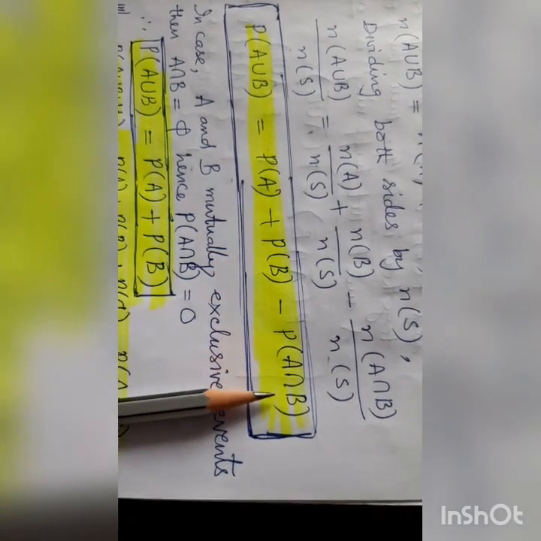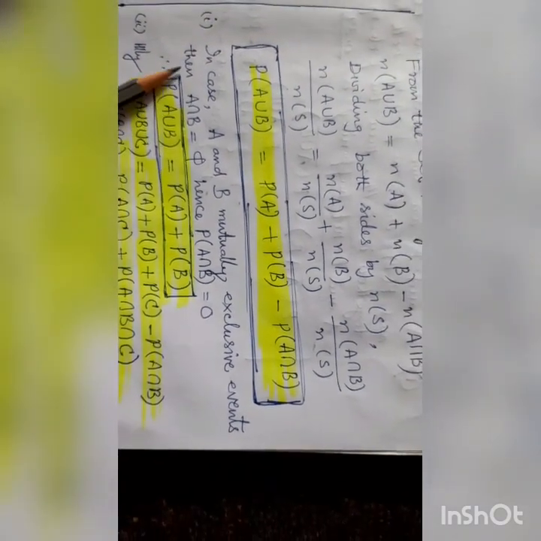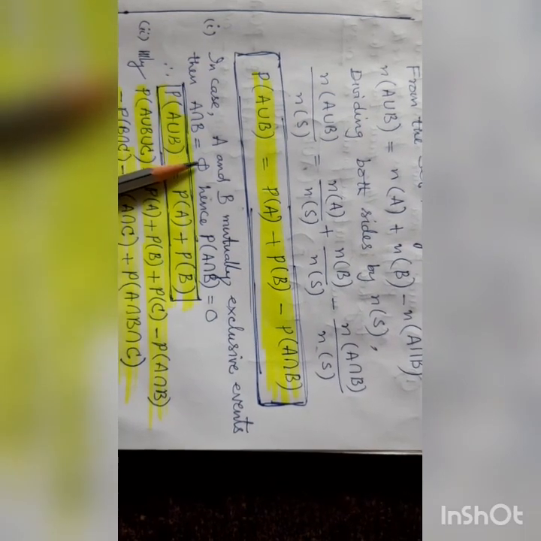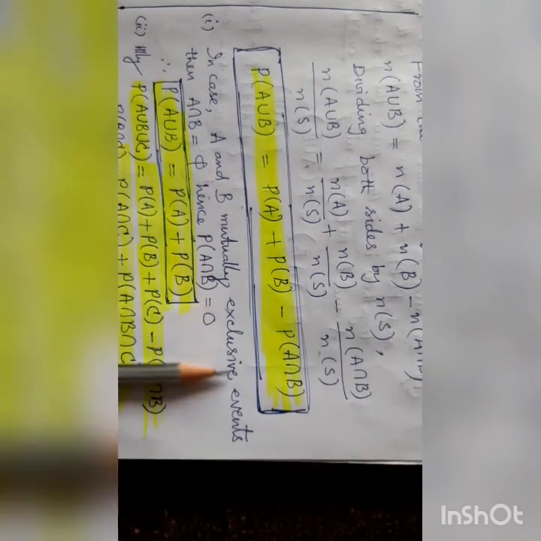In case A and B are mutually exclusive events, then A ∩ B = φ. In previous videos you learned mutually exclusive events.